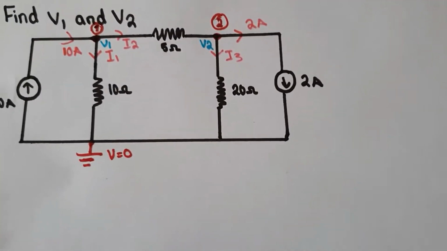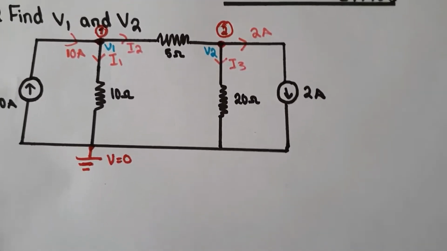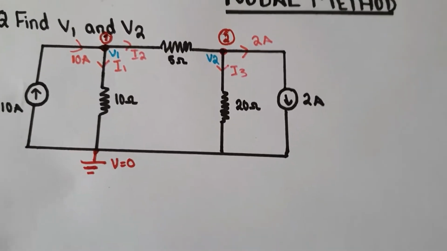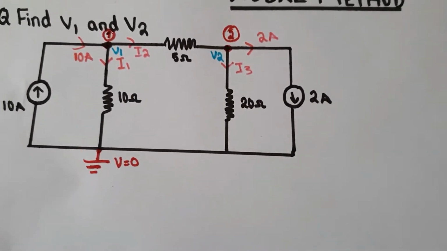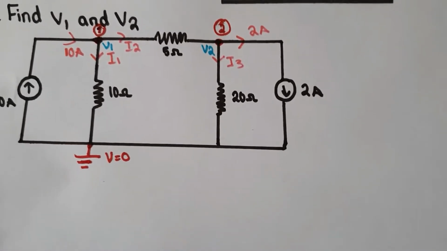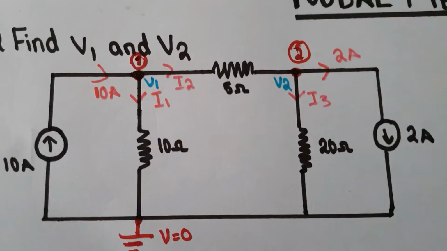Now we need to solve this problem. The Nodal method is actually solved using Kirchhoff's current law. We solve the mesh method using Kirchhoff's voltage law and the Nodal method using Kirchhoff's current law.